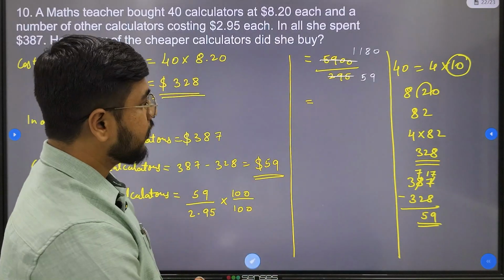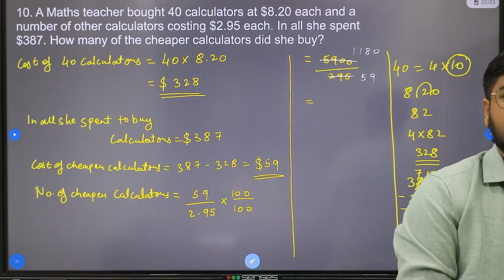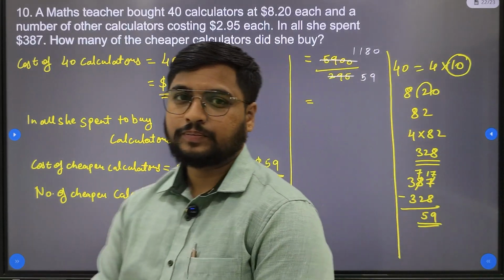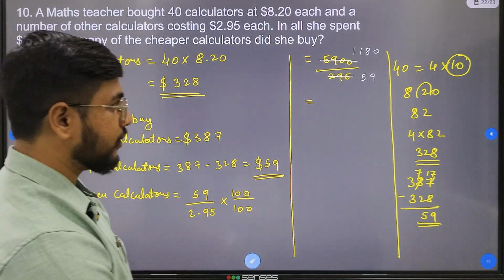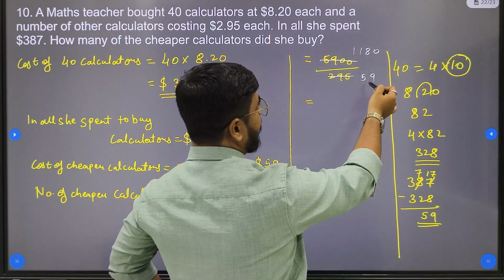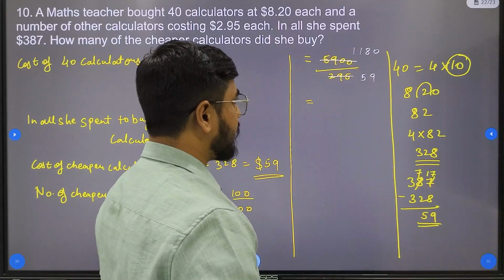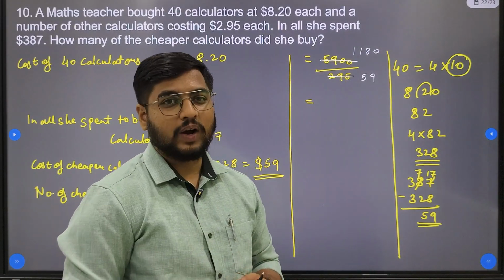Hope you have understood till here. Now what we can see is 59 in the denominator, which is a prime number. So we have to do the division for 59 itself. If we round off 59, the next number is 60. 60 into 2 is 120.